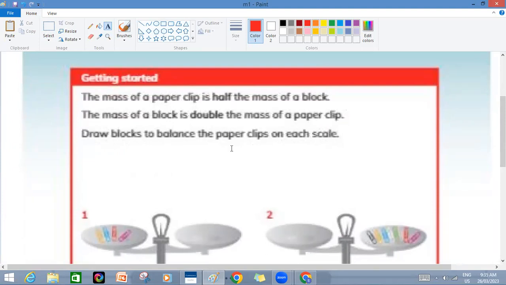If you want one block, so what you are going to do on the other side, you are going to put two paper clips because two paper clips are equal to one block. So now we are going to balance them.